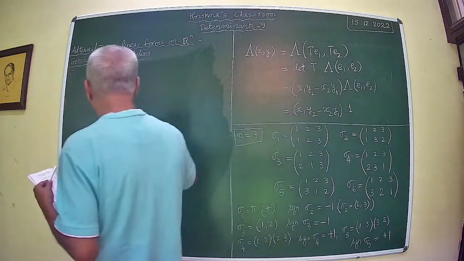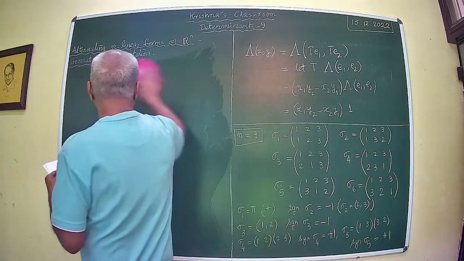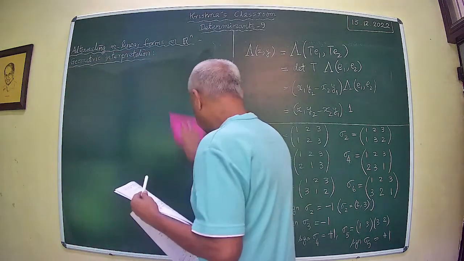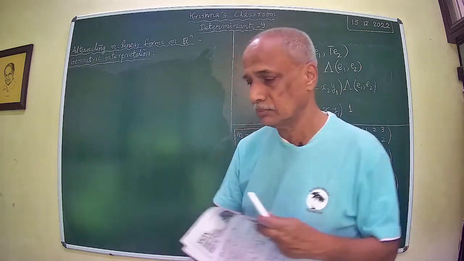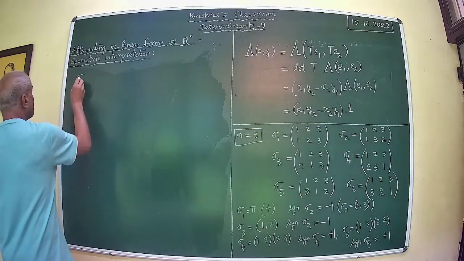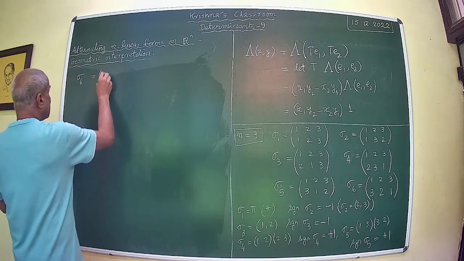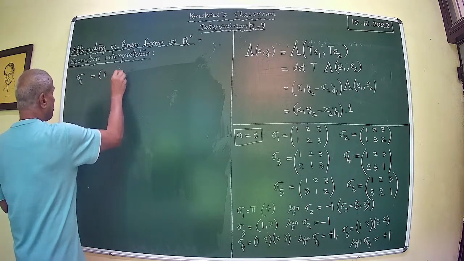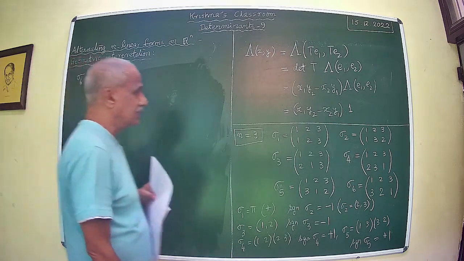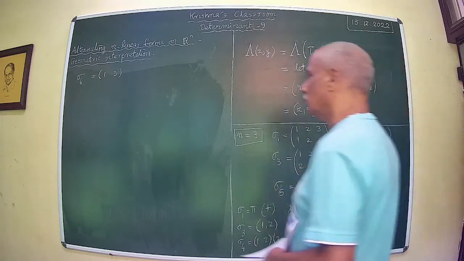These are the 6 permutations that will go into the representation of lambda. Sigma 6 is actually the transposition: 1 goes to 3, 3 goes to 1, and 2 goes to 2.